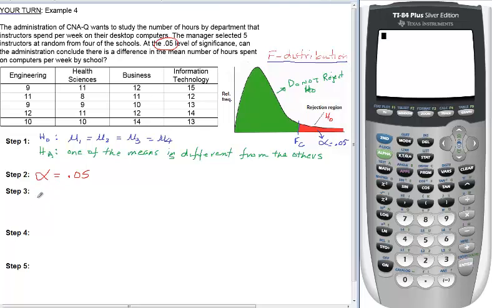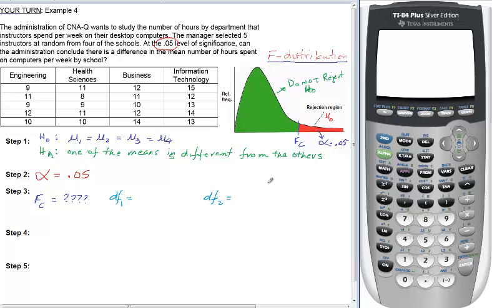So if it's an F test, of course, the test statistic we're going to use is an F statistic, and I'll call it FC for F critical value. So how do we find the F critical value? Well, it's based on 2 things, and if you watched the last video, you know that it's the degrees of freedom of the numerator and the degrees of freedom of the denominator. So I'll call them DF1, DF2.